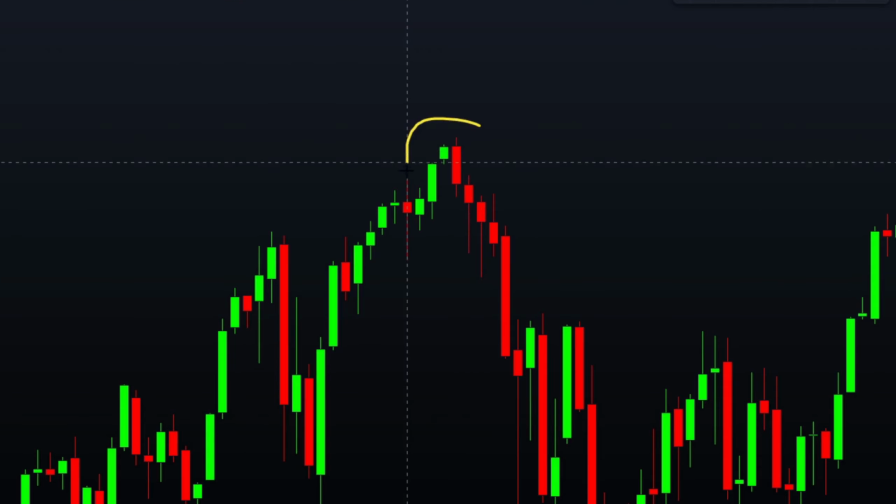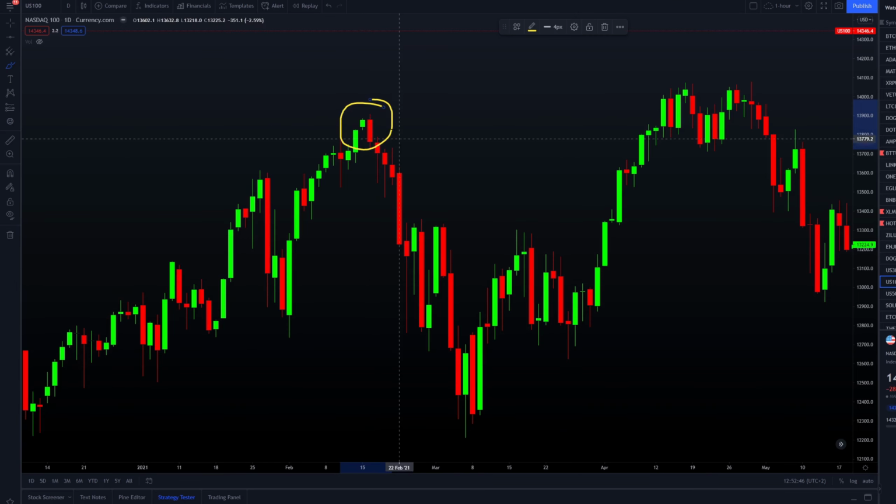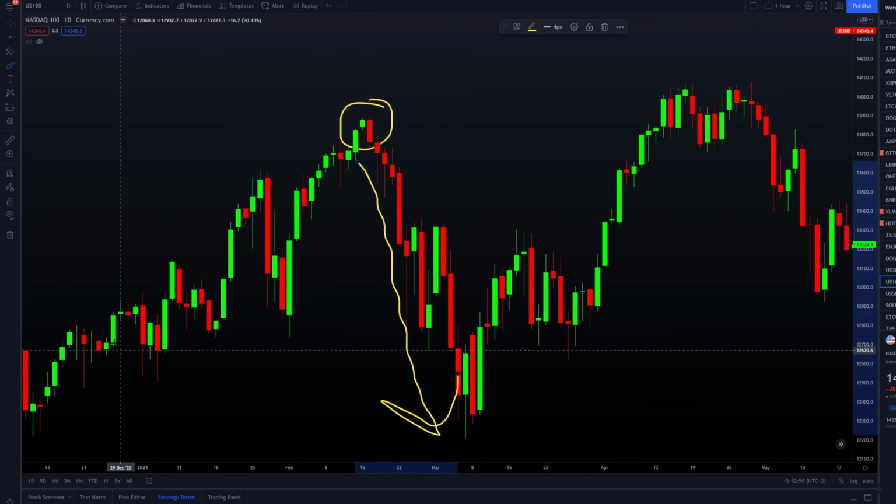For example, right here, we have a pattern called a bearish engulfing pattern, which is a potential reversal signal. And as you can see, after this one, we saw a strong impulse to the downside.